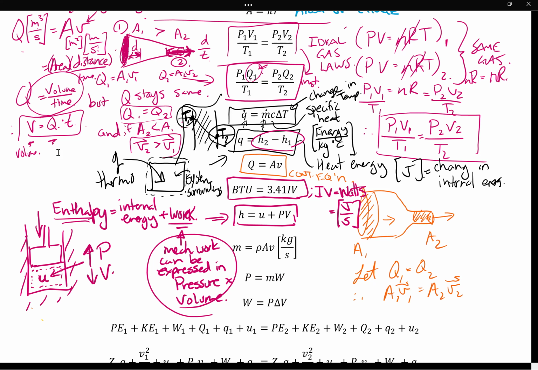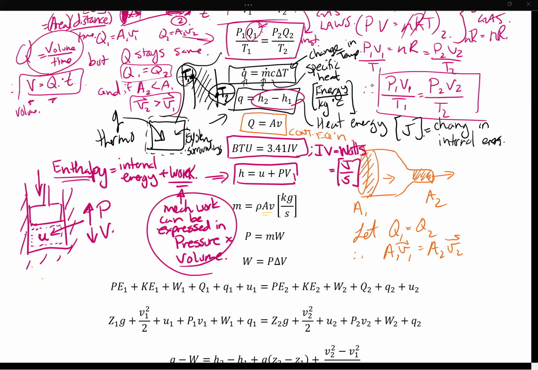Okay, this next equation is just rho A V. This equation is actually mass flow rate, so it should really have a dot above it. Remember before we said that mass density is mass per unit volume.